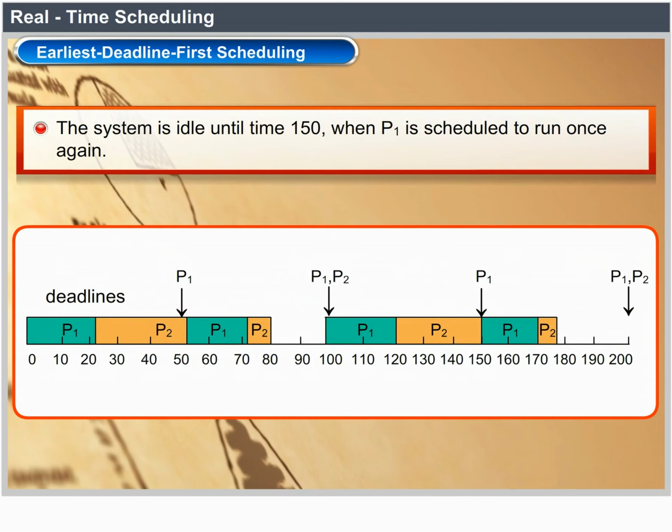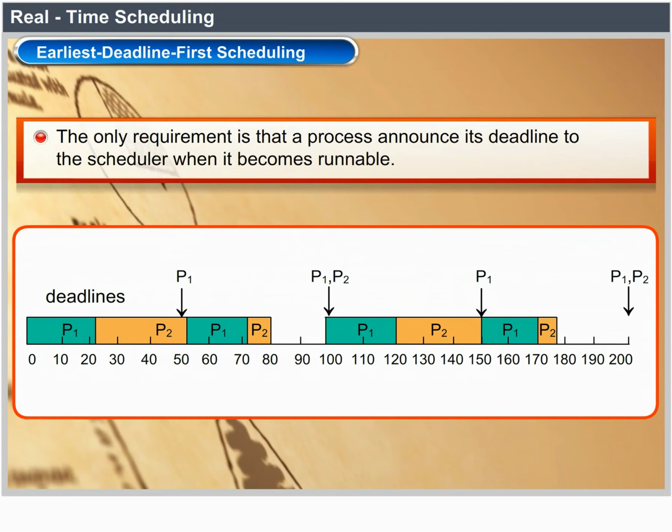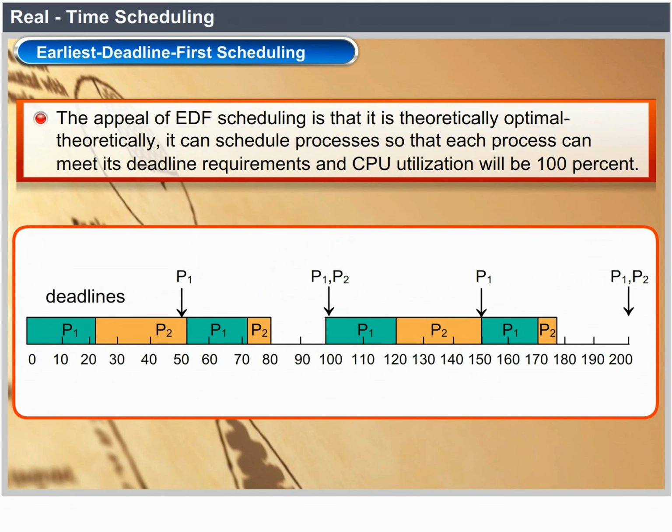Unlike the rate monotonic algorithm, EDF scheduling does not require that processes be periodic, nor must a process require a constant amount of CPU time per burst. The only requirement is that a process announce its deadline to the scheduler when it becomes runnable. The appeal of EDF scheduling is that it is theoretically optimal.